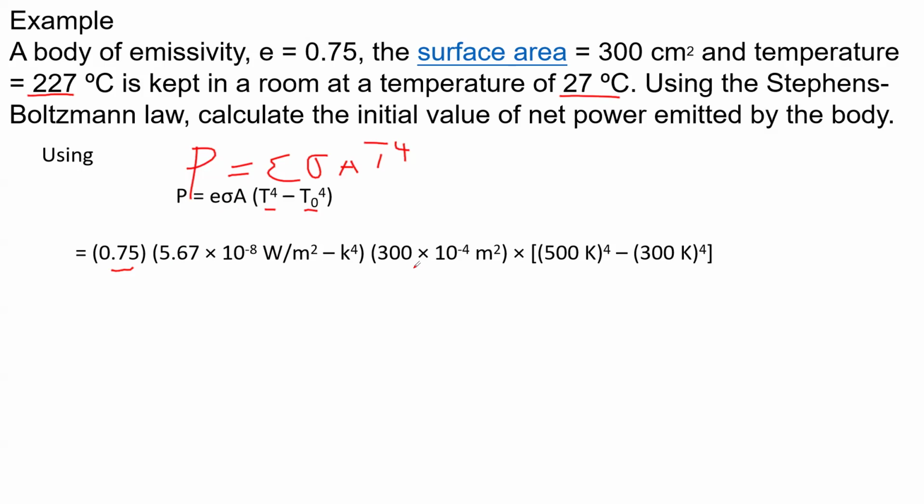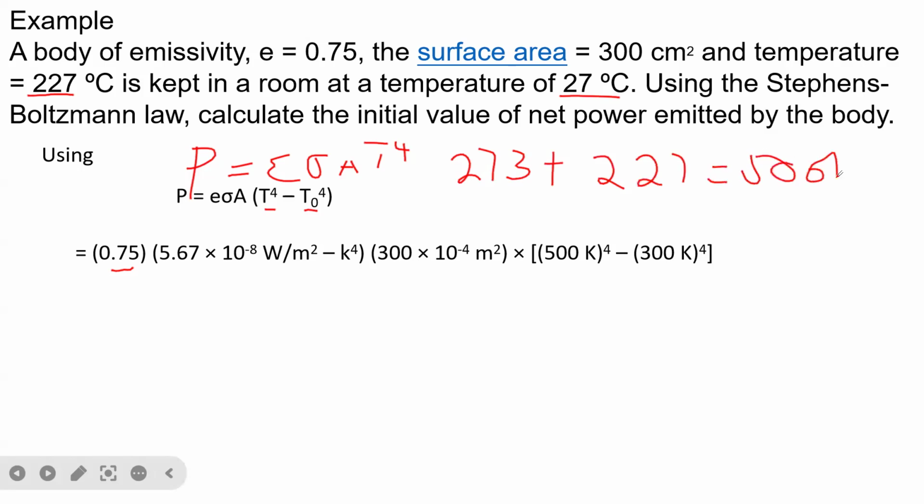And then times the open bracket of the change in temperature. The temperature is in degrees centigrade, so we have to convert it to Kelvin. To convert it to Kelvin, we say 273 plus 227, and that is why here we have 500 Kelvin for the final temperature.